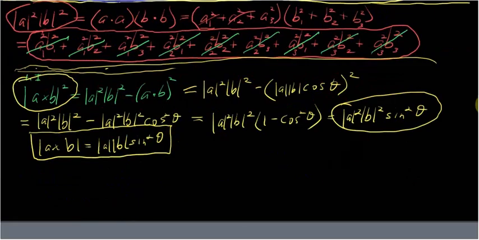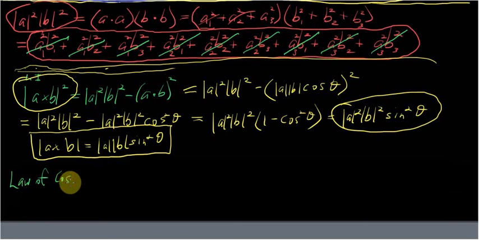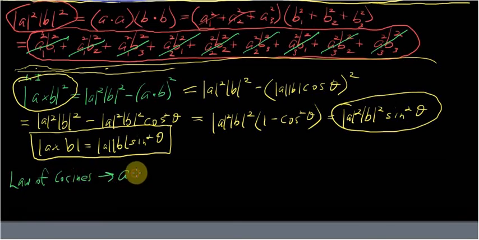I'd rather go farther back. So the chain of proofs is basically this: the law of cosines gives us the dot product. I'll just write it like that. The dot product gives us the Lagrange identity, and the Lagrange identity gives us the identity of the magnitude of the cross product of two vectors.